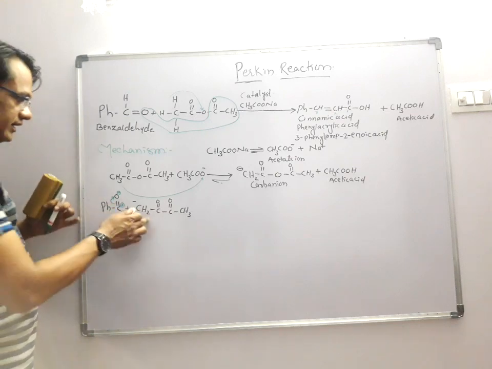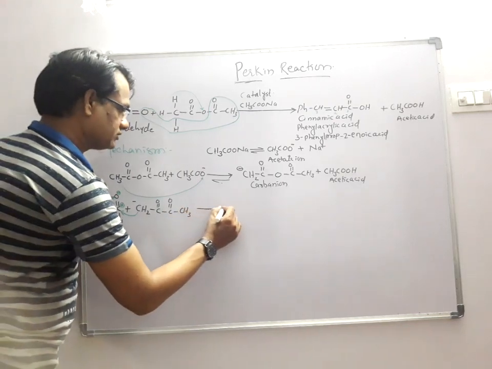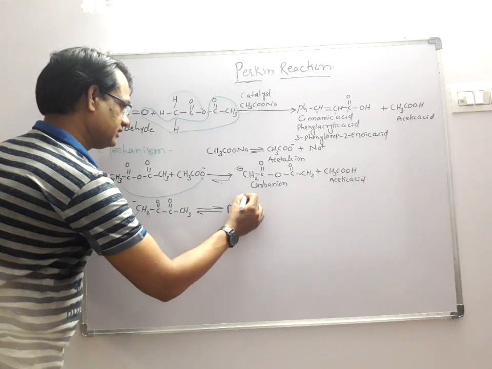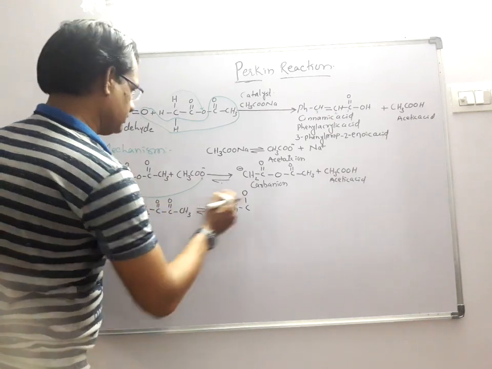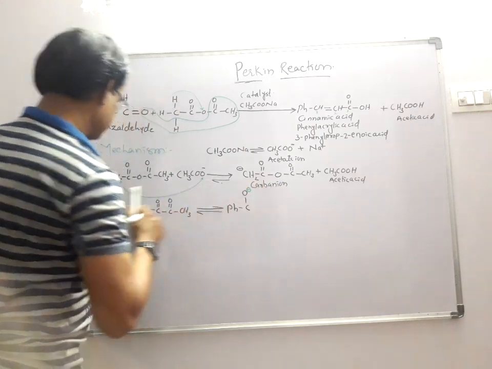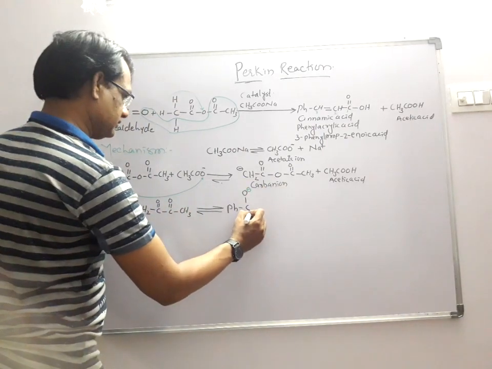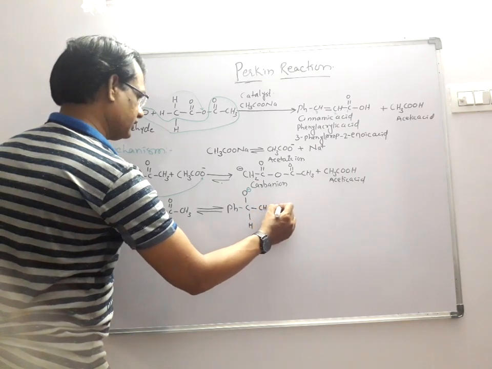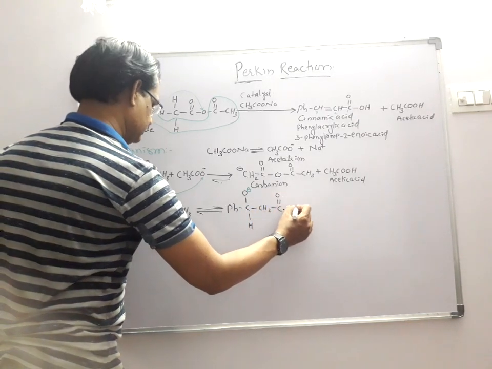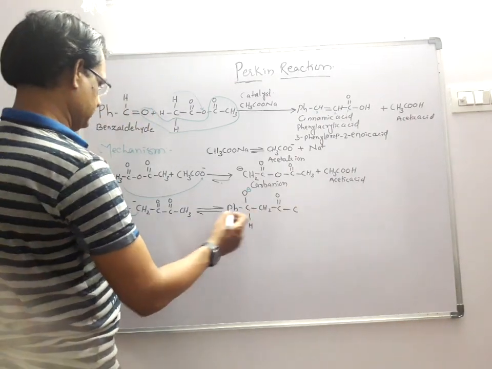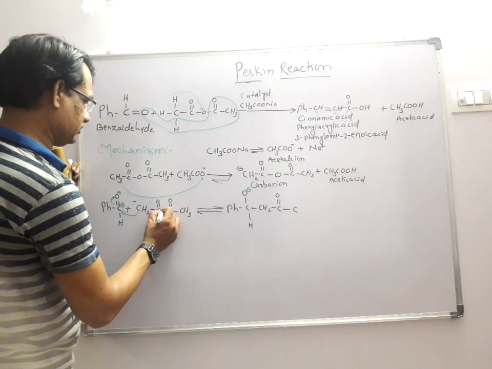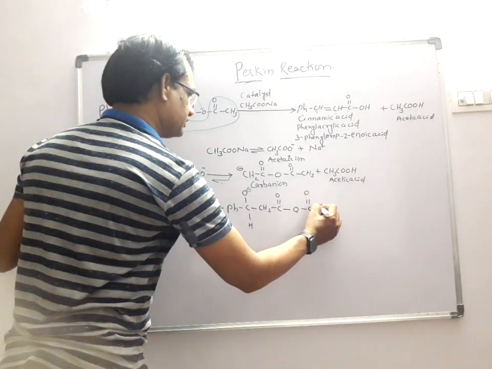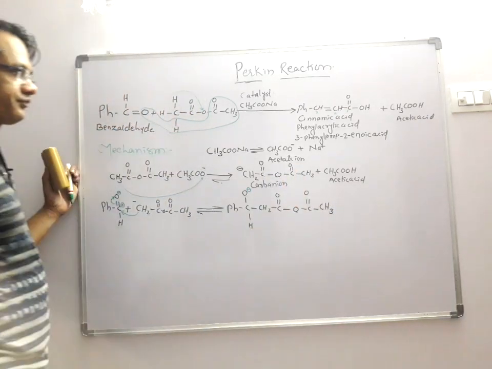When it attacks this carbonyl carbon, it gives Ph, C, O minus, then this is hydrogen, then this is CH2, C=O, here O is there, O, then C=O, CH3.